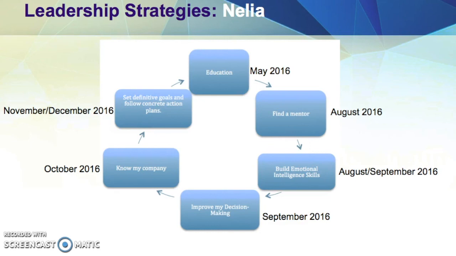And after that, I will set definitive goals and follow concrete action plans. I know I would love to have a leadership role, but right now I'm not sure in what area, whether more clinical or more administrative, with education or something like that. So I'm exploring areas in which I will be able to develop a plan to continue later.